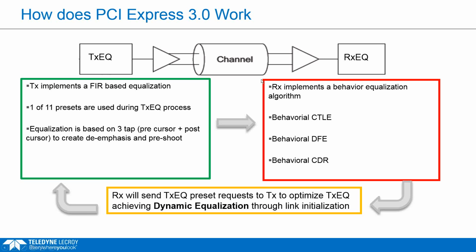So for example, if you're developing an add-in card, you don't know if your customer is going to plug that add-in card into a small motherboard for a PC, or into some really large server, or maybe there's a cable in between. So you don't know what this channel looks like ahead of time when you're developing this. So all these equalization settings need to be configurable at runtime.